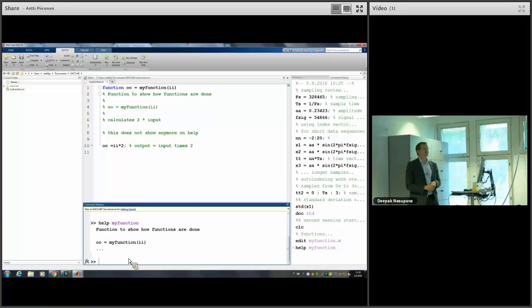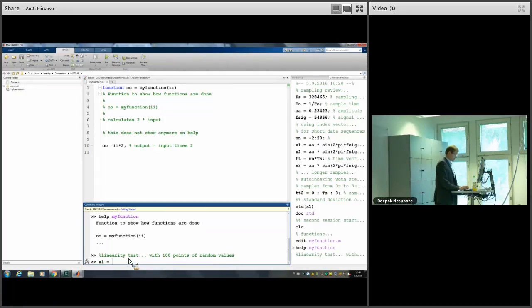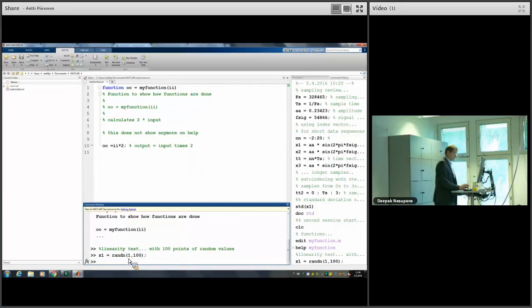Now I can test if this function is linear. Right. And I use 100 points of random values. So x1 equals rand(1, 100) there.